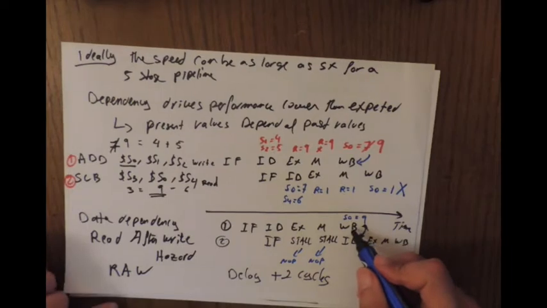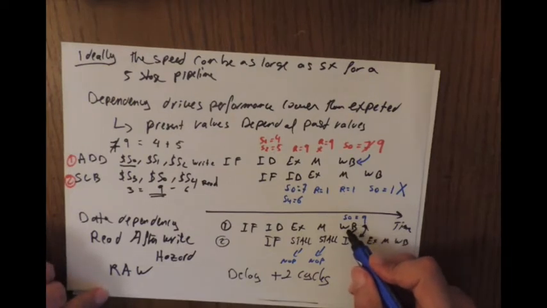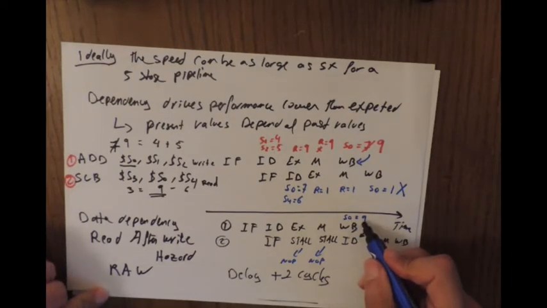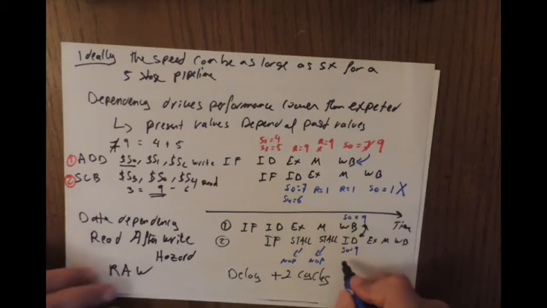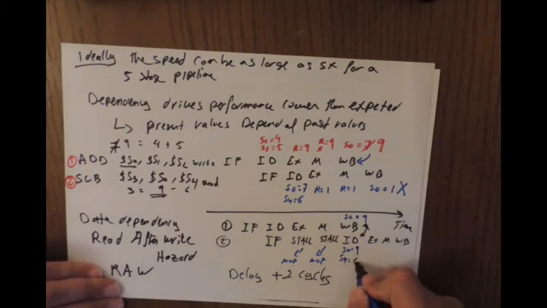In the write back stage of the first instruction, I have S0 equal to 9, so in ID I'm going to read S0 to be 9 and S4 to be 6. I'm going to say the result is 3.